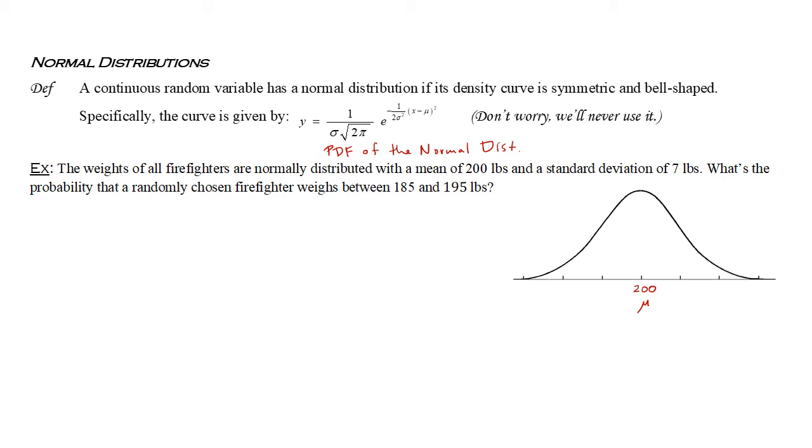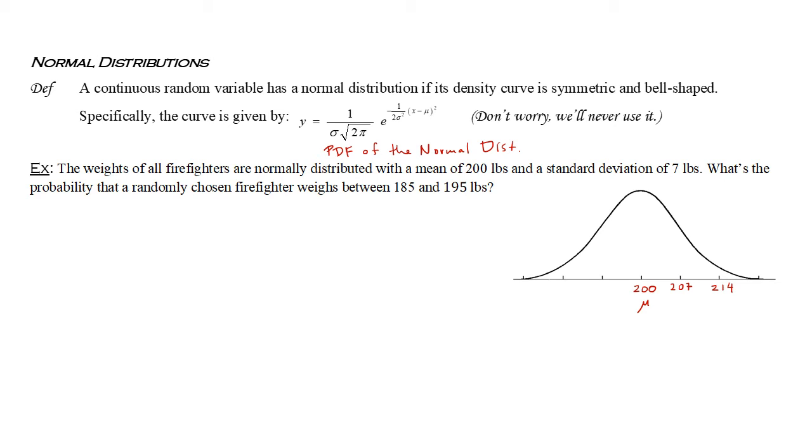And a standard deviation of 7 pounds means that the width of our normal curve here will be 7 pounds for one standard deviation above the mean. So we'll do 207 would be one standard deviation above the mean. 2 standard deviations above the mean would be 214.